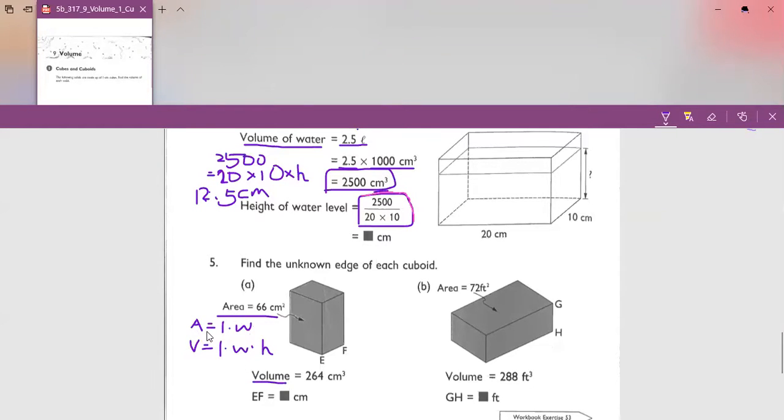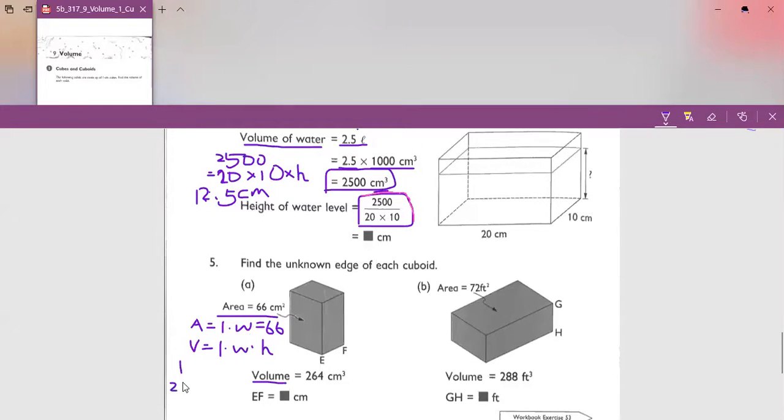Area of a rectangle is the length times width. So from question number 5A, we already know the area is 66, so we can just plug in the number, right? The area says 66 over here, and they want us to figure out the height. Now it says the volume is 264.